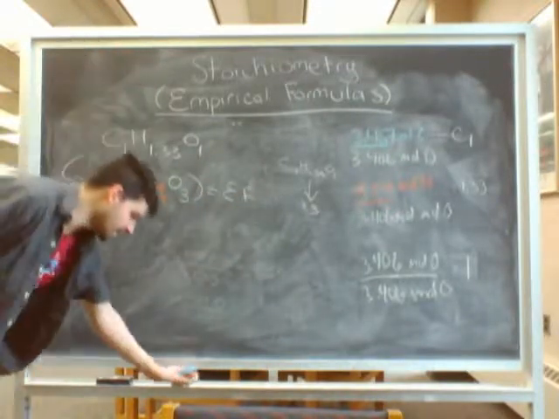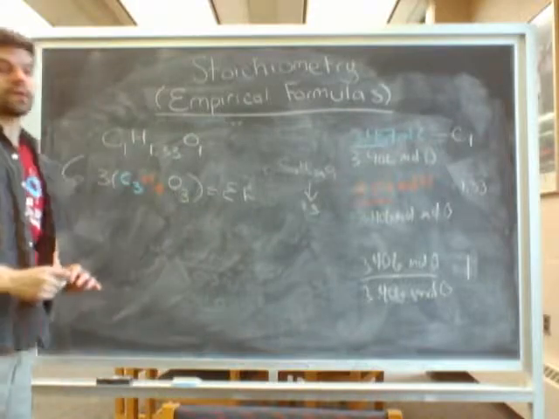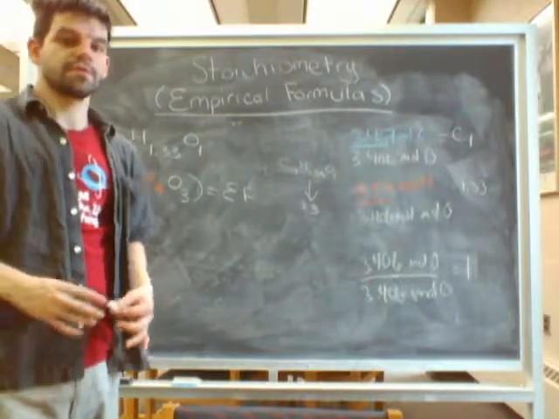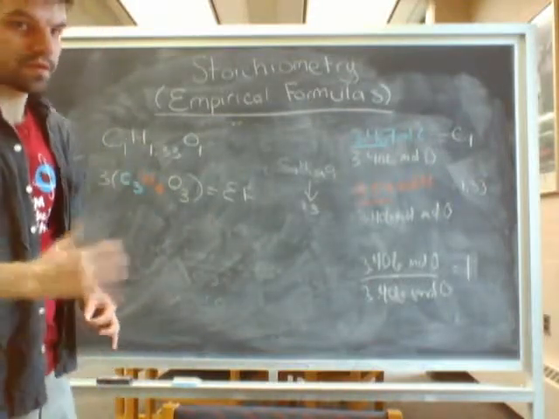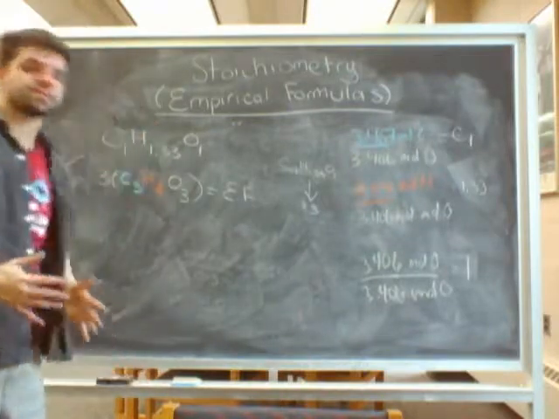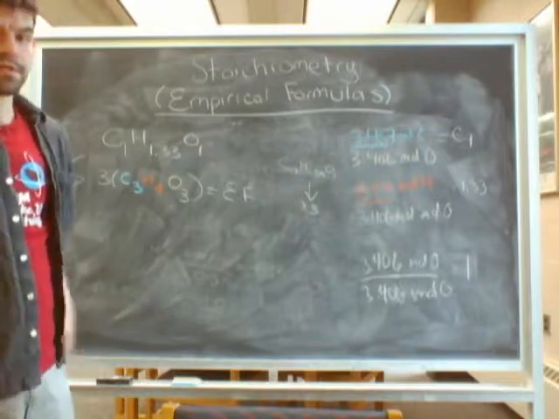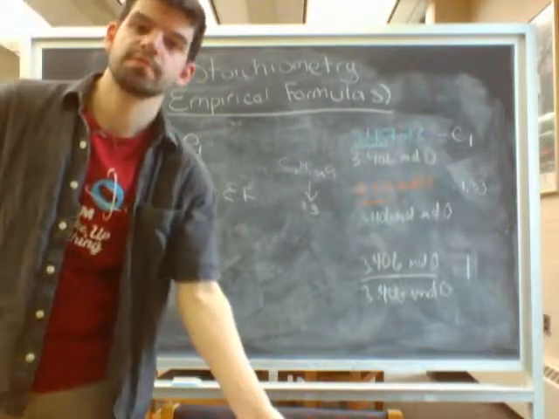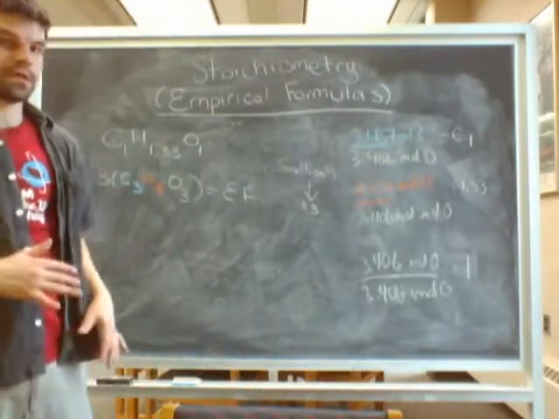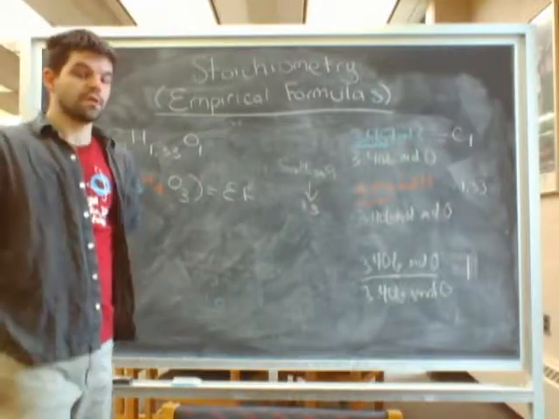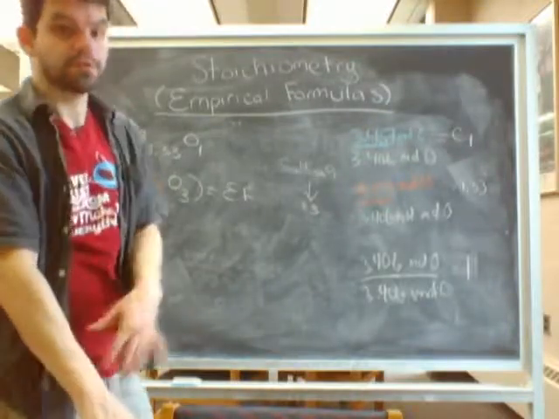Okay. I realize that these are very, very involved, so I will be doing more examples of these, but I wanted to introduce them to you guys and show you the breakdown. They do follow all of the same steps. Again, the first step is just figuring out if it's a percent composition or a gram sample, and converting to moles.